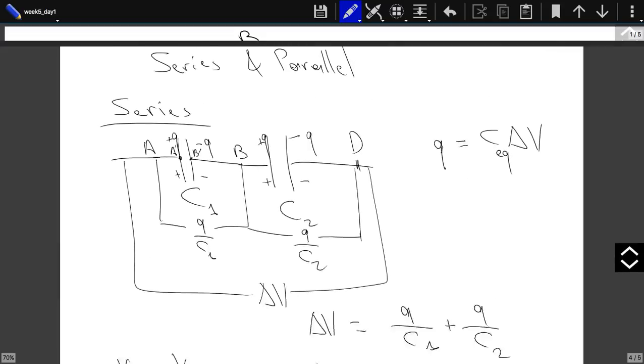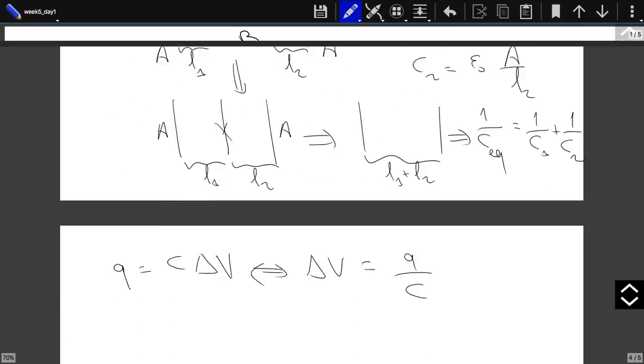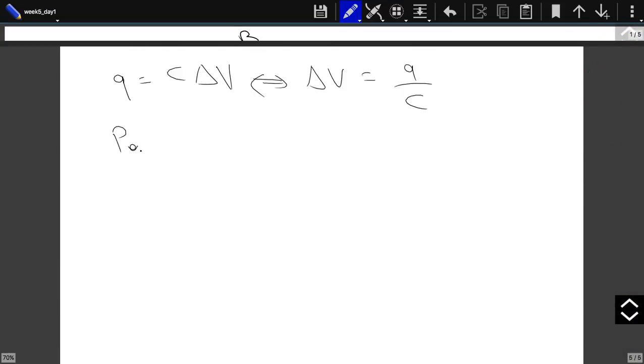Now let's also discuss, this is the series connection. Let's discuss the parallel connection, and after which we can discuss how we can increase the potential difference. In parallel. So let's say we have these two capacitors.